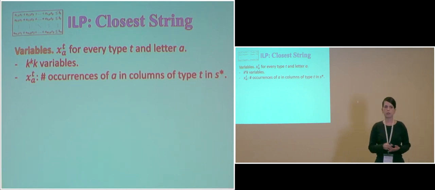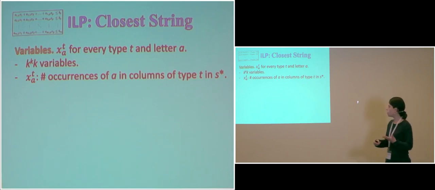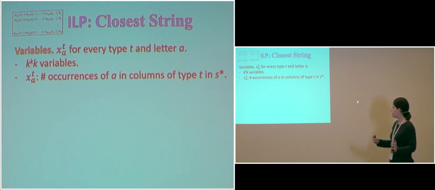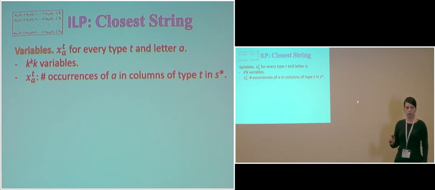When I'm looking at the variable xta, I want the meaning of this variable to be the number of occurrences of A in columns of type T in some hypothetical solution S star. So look at S star. It has some nt columns whose type is T, right? Then in xta of them, you will see the letter A. This is the meaning. Okay?